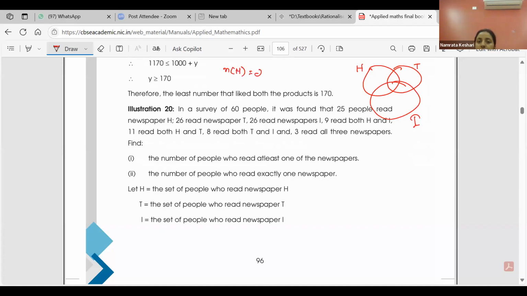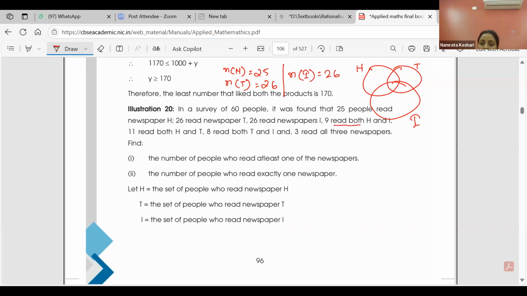If only H were given we would have written it over here, but it just says H, so we are writing 25 separately. Number of elements in T is 26, and number of elements in I, that too is 26.